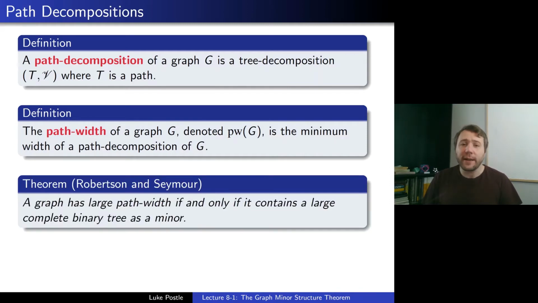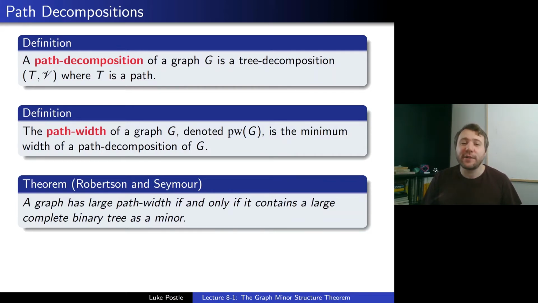One is a theorem of Robertson and Seymour that says a graph has large path width if and only if it contains a large complete binary tree as a minor. Remember the grid theorem, where we said that a graph has large tree width if and only if it contains a large grid as a minor. Again, there are functions for large and large there.